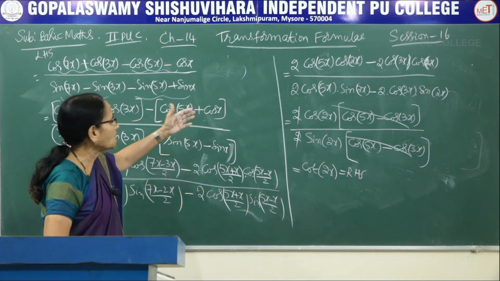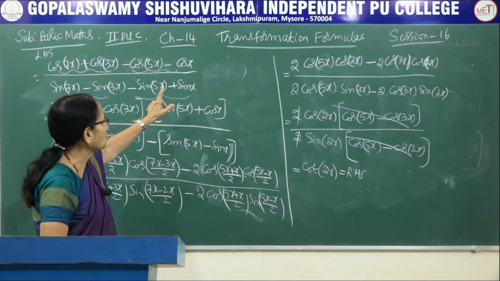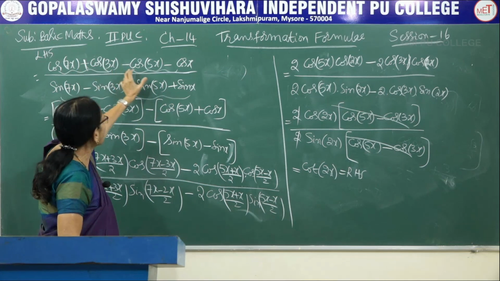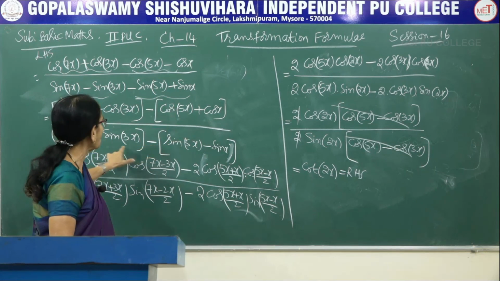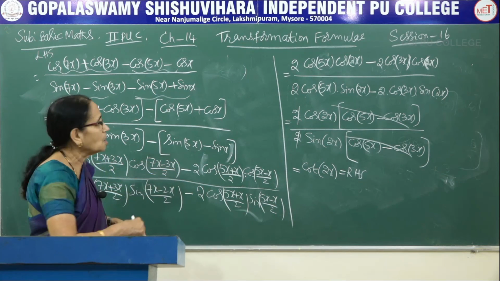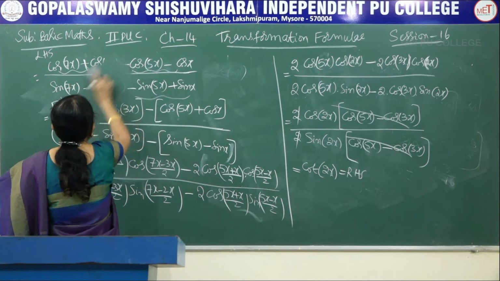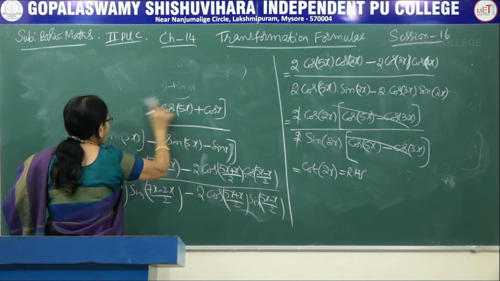Therefore, here looking at the right hand side, which is cot of 2x, we have to get cos of 2x. So here by taking the minus sign, you will be getting cos function as the common factor. By taking the minus sign here, you will be getting sin as the common factor. So using this procedure and applying the respective formula, we get the answer.